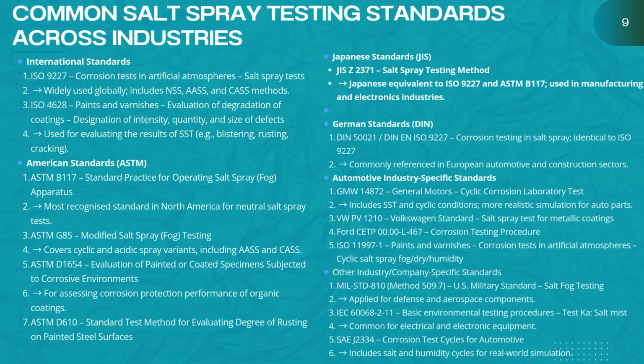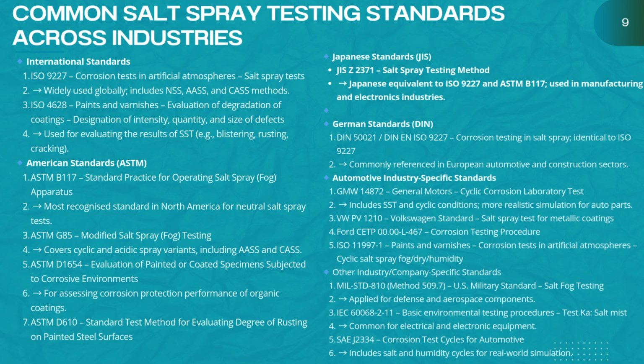Under American standards, ASTM B117 is the most widely recognized for neutral salt spray. ASTM G85 includes advanced variants like cyclic and acidic sprays, and other standards like D1654 and D610 support evaluation and corrosion resistance of painted or coated surfaces.